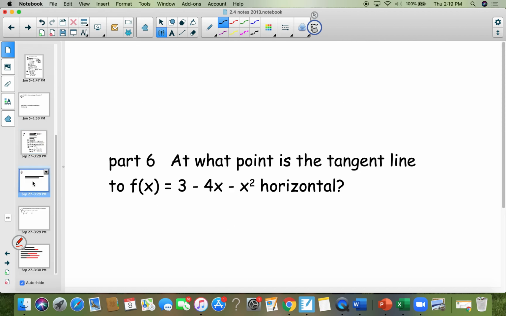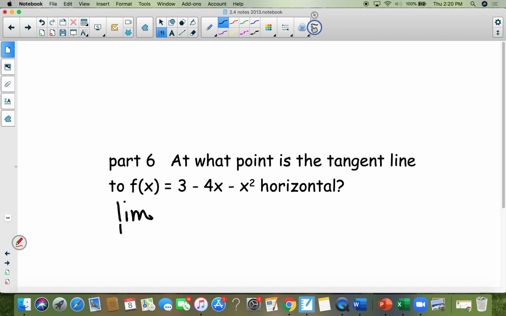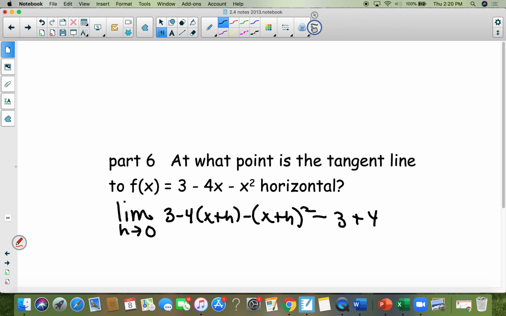At what point is the tangent line to f of x equals 3 minus 4x minus x squared horizontal? Okay, so we have 5 minutes, so basically you're gonna do the same thing. You're gonna put 3 minus 4 times (x plus h) minus (x plus h) squared, minus 3 plus 4x plus x squared, all over h.